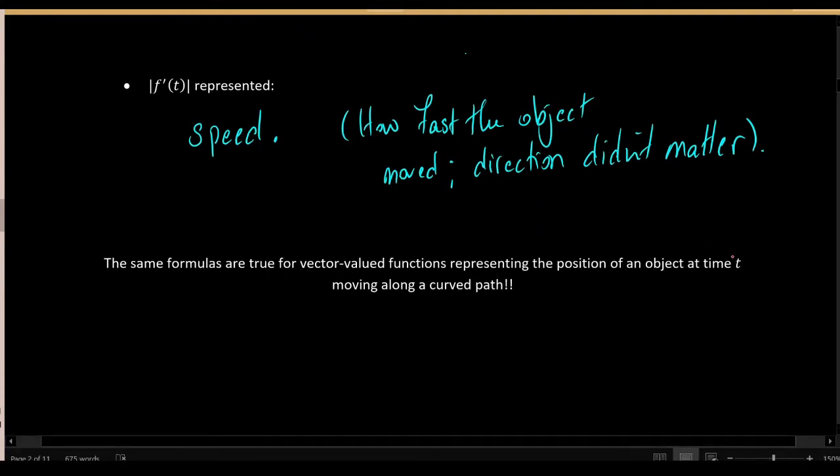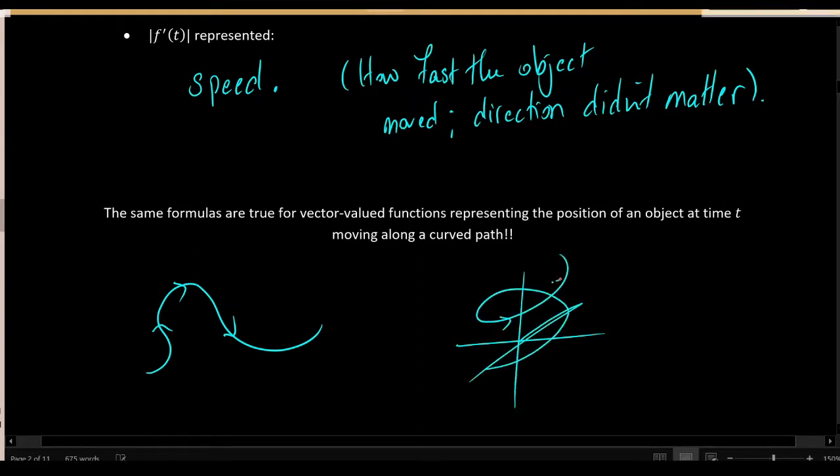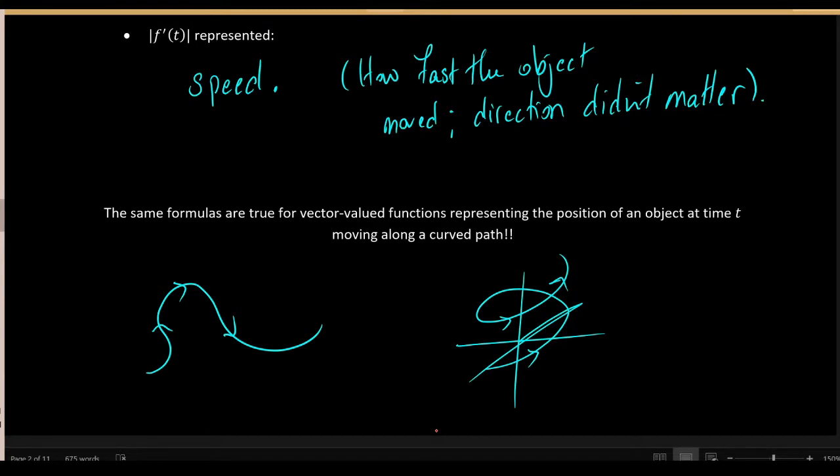Now the beautiful thing is that if we have an object that's not necessarily moving along a straight line, but is moving maybe along a curving path in two-dimensional space, or is moving along a curving path in, say, three-dimensional space, then the velocity, the acceleration, and the speed of the moving object can be measured in exactly the same way.